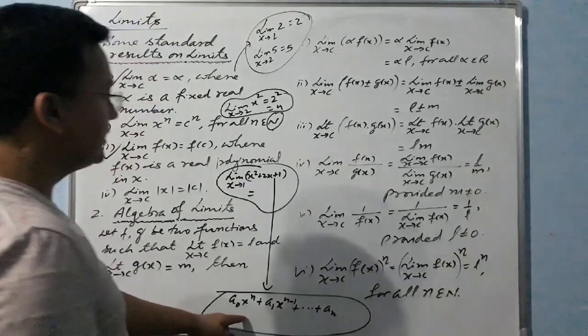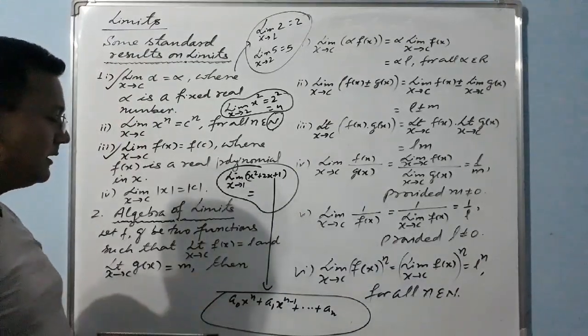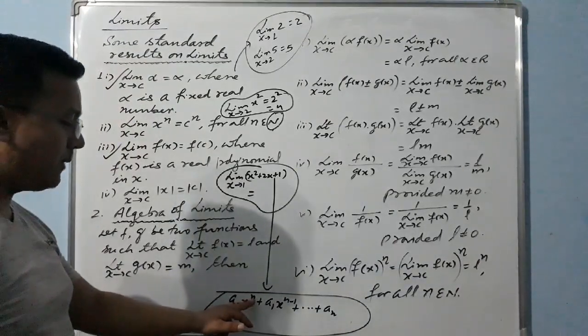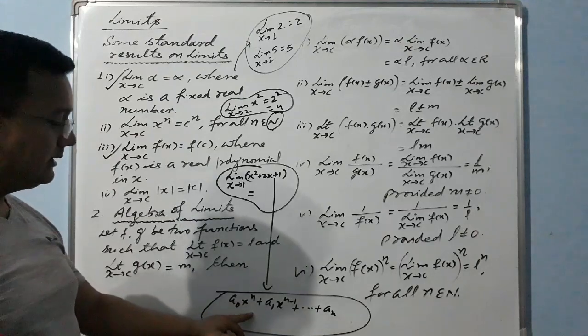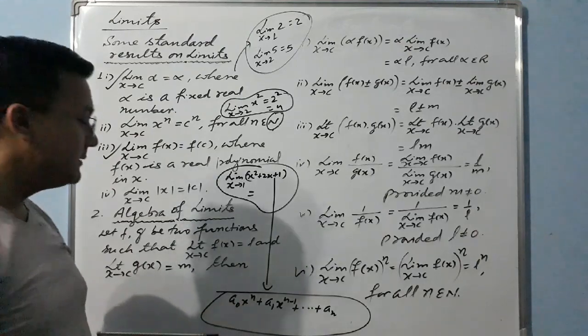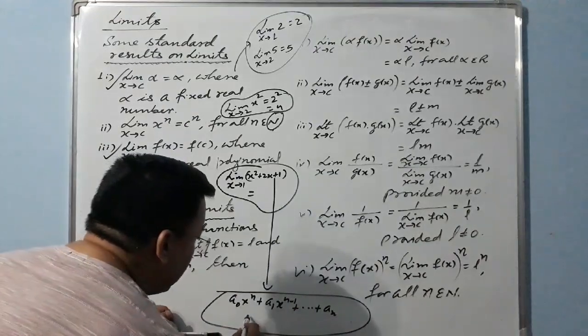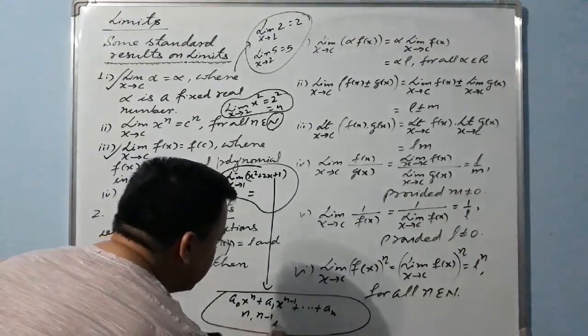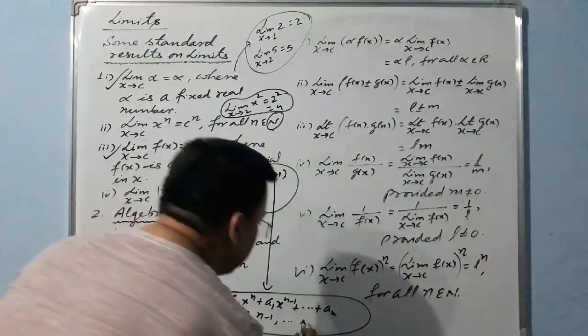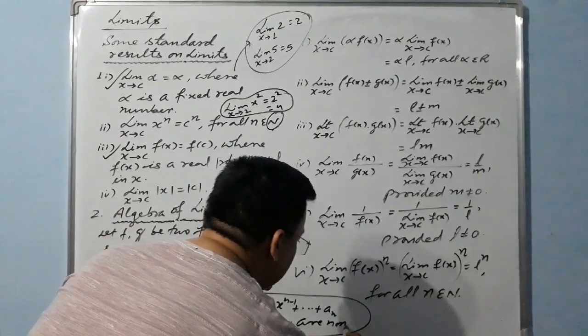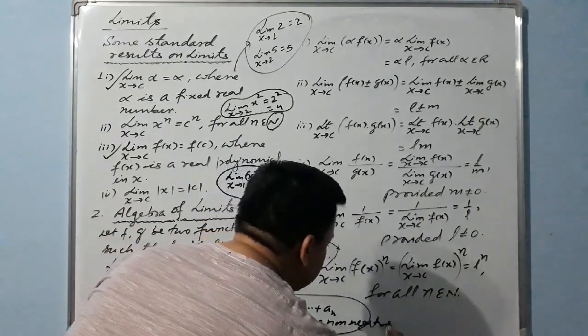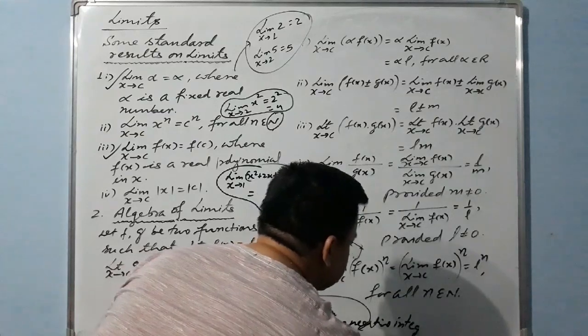This expression is called a polynomial if the powers of the variable are non-negative integers, that is, n, n minus 1 and so on are non-negative integers.